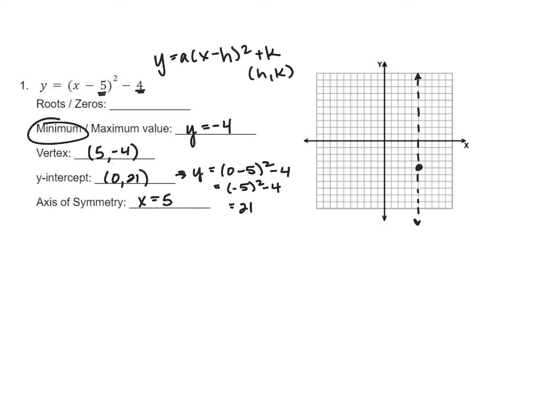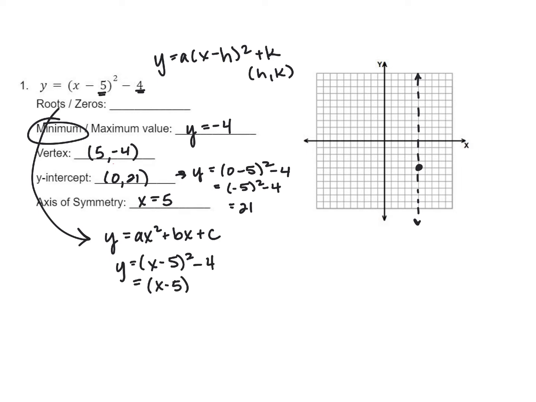So to find the zeros, you cannot use the quadratic formula or factor unless you have an equation that is in standard form. So remember, standard form is y equals ax squared plus bx plus c. So there are no parentheses. So we're going to have to take (x minus 5) squared minus 4 and multiply this out.